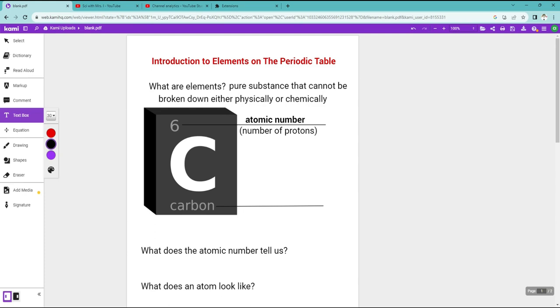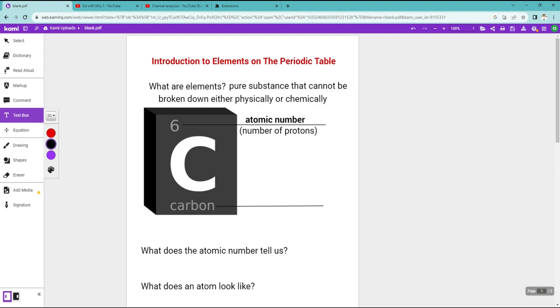Now, something else that atomic number could tell us is the number of electrons in that atom. And we're going to look at the atom model here in just a minute, which will help with these terms. The number of electrons can also be determined by the atomic number if the atom is neutral.